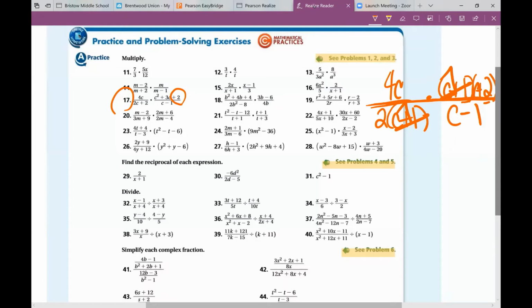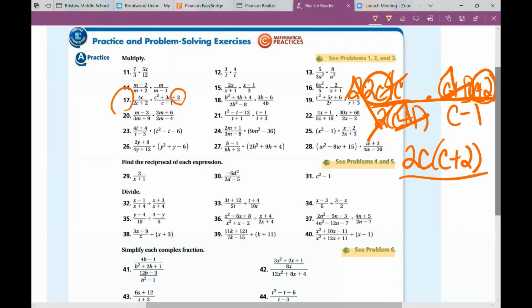I also have this 4c, which could be the 2 times 2c that I referenced earlier, and then these 2's cancel out and simplify. I made a big old mess out of what I have, but I can still see that I have 2c in the numerator. I see that I have a c plus 2 in the numerator. And what I have left on the bottom, or the denominator, is c minus 1.